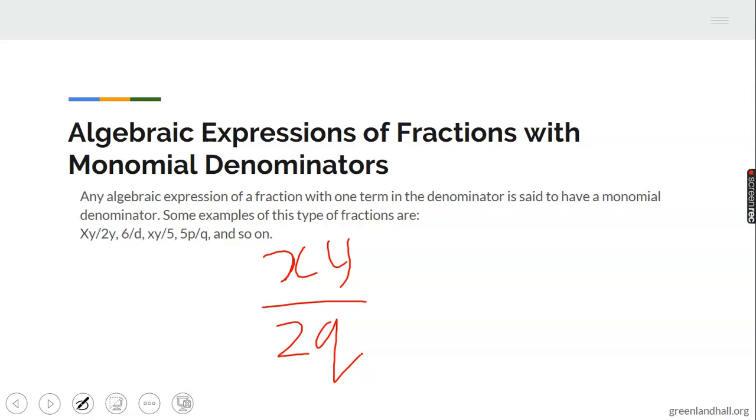But if you have xy plus x plus y, this is not a monomial denominator. This is more than one. Mono means one. That is, you must have only a single term in the denominator.